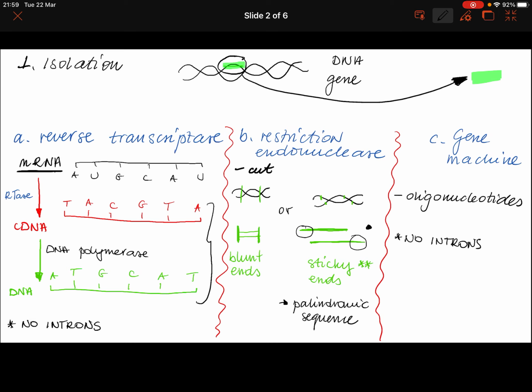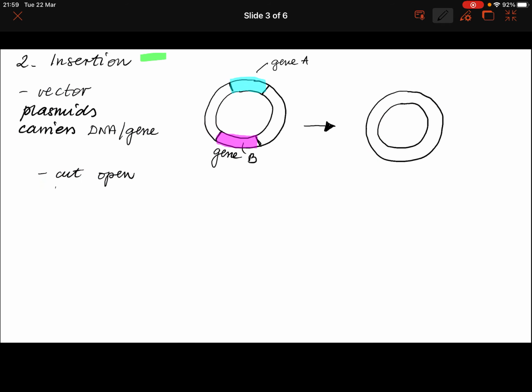So logically thinking, I need to make sure that the part I will cut of that plasmid is complementary to my sticky end, so I can easily replace the parts. So I'm going to have to use exactly the same restriction endonuclease, because again, due to specific 3D tertiary structure, that enzyme will allow me to cut exactly the complementary section.